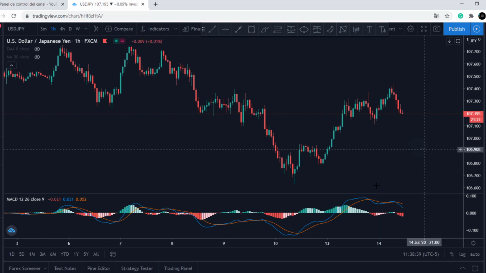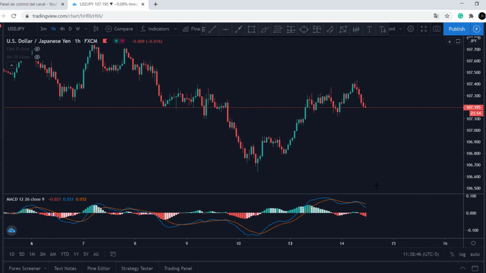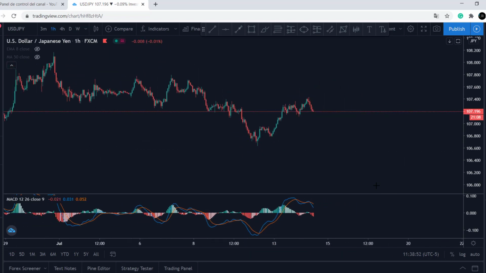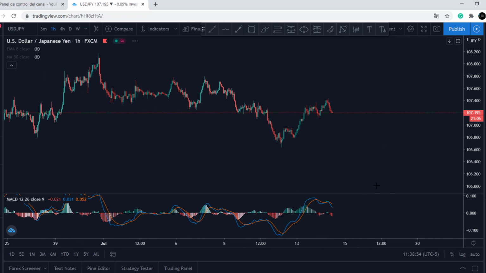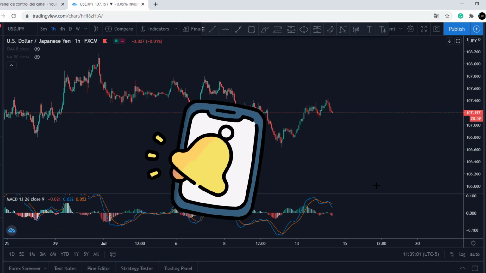Alright, so first things first, here we are on USDJPY. In this pair, the thing that we are going to do is find support and resistance, alright? In this strategy, the first step is to find the conditions of the market, if it's uptrend, downtrend, or whatever.